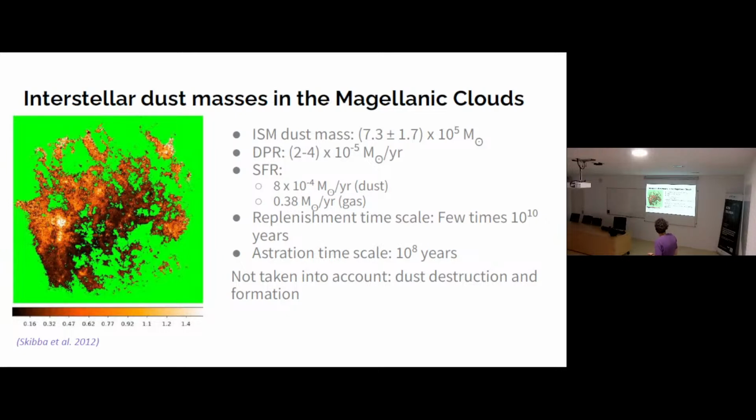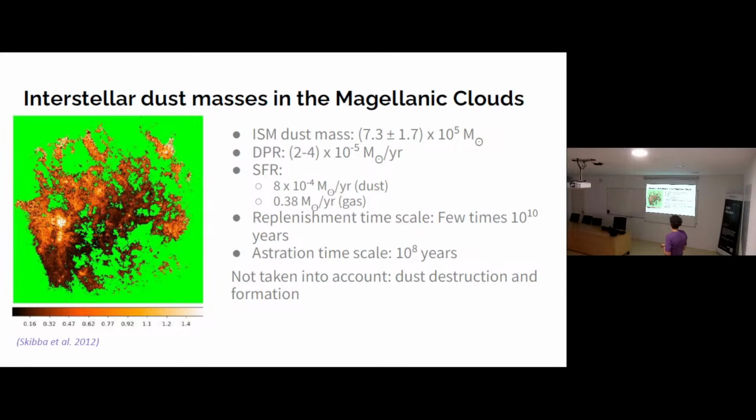So this means that if you compare the ISM dust mass and the dust production rate, you have a replenishment timescale, the amount of time that it takes for AGB stars to replenish the entire ISM, of a few times 10 to the 10 years, which is consistent with the lifetime of the LMC and the age of the universe.